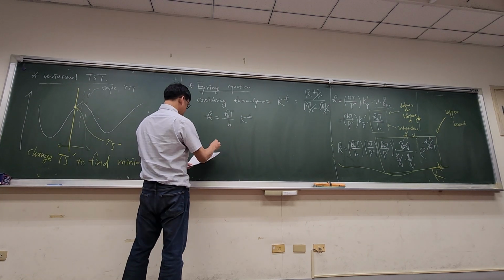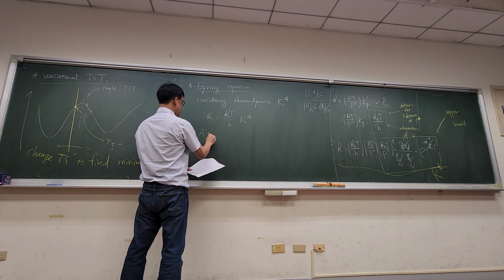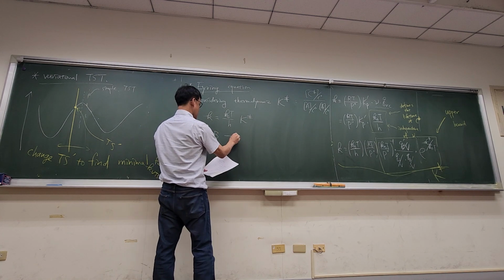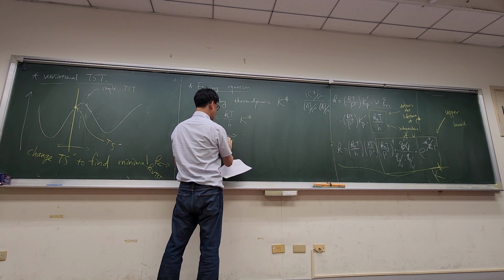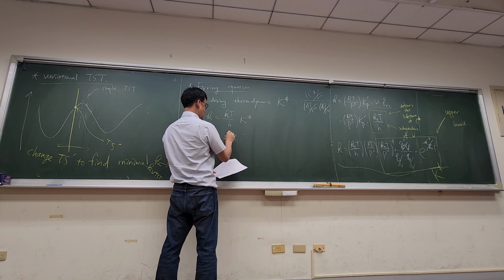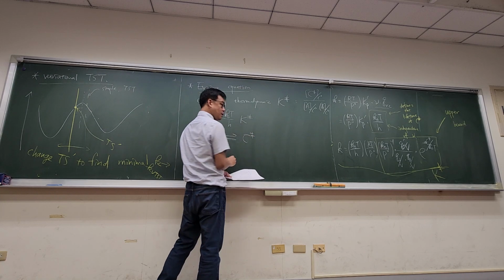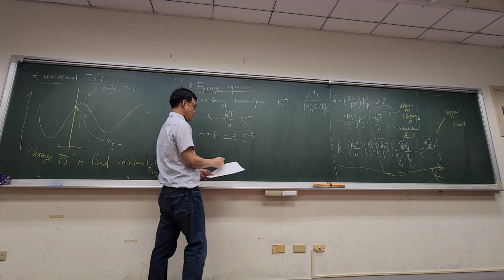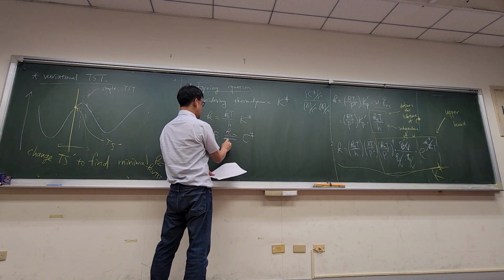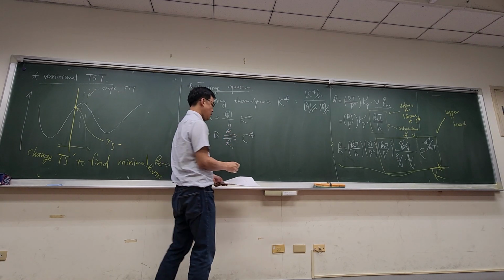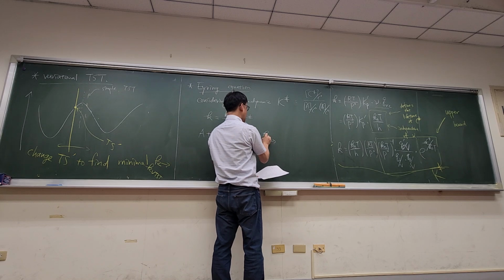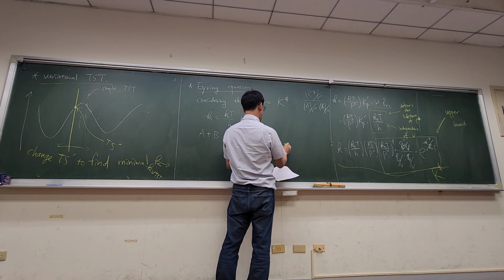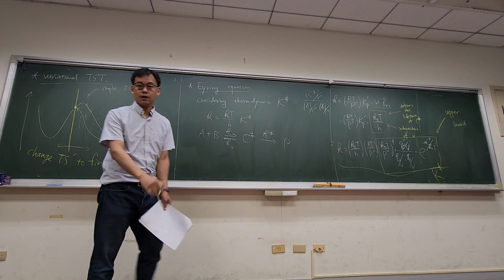And the idea is you have A plus B in equilibrium with C double dagger, with K1 and K minus 1, and C double dagger becomes product.